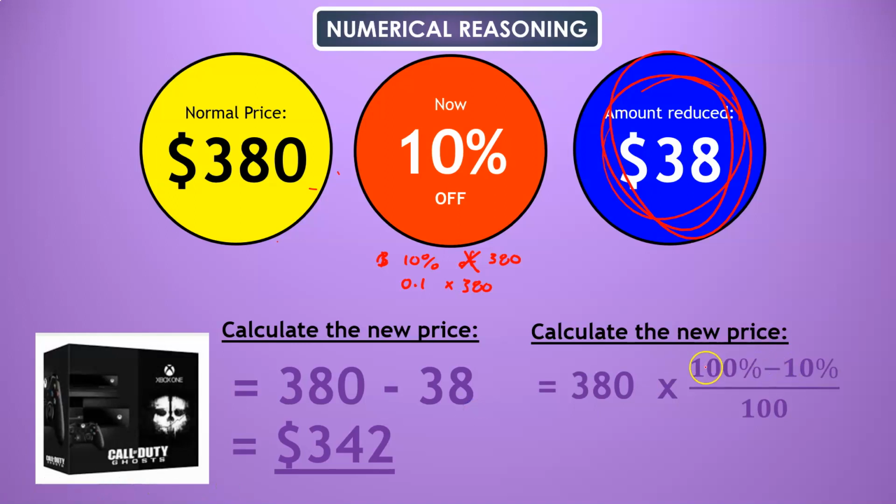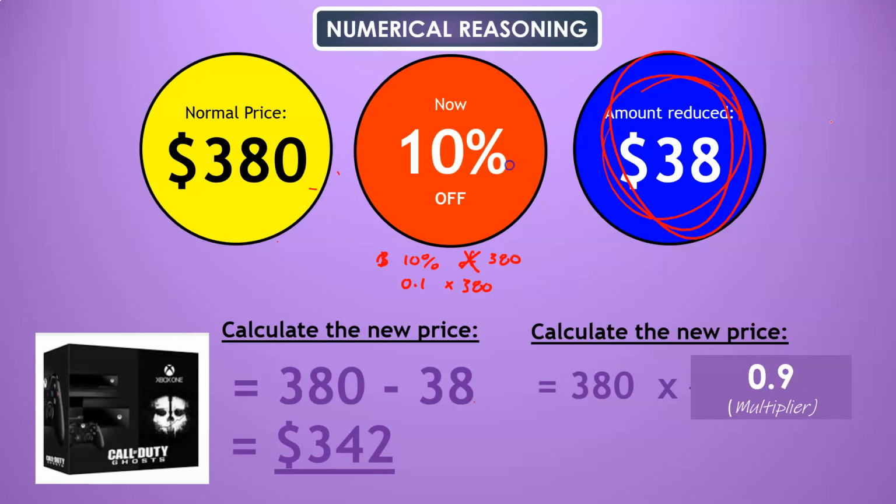So what we're doing is 100% take away 10%, which is 90%. And then what we do is divide that by 100 to get our multiplier, which is 0.9. So a 10% decrease is the same as finding 90% of something. And that fits for everything.